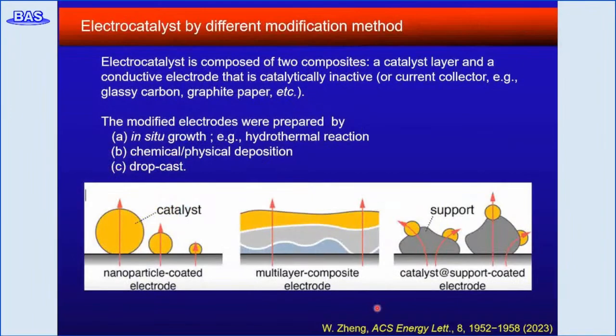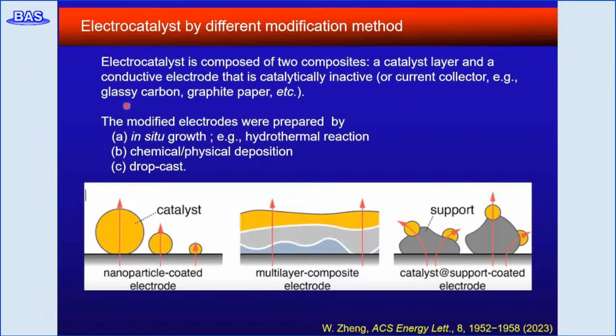Various methods have been proposed for modifying electrocatalysts on the electrode. As a catalyst support electrode, it must be conductive and catalytically inert. Carbon materials such as glassy carbon or graphite papers are often used.